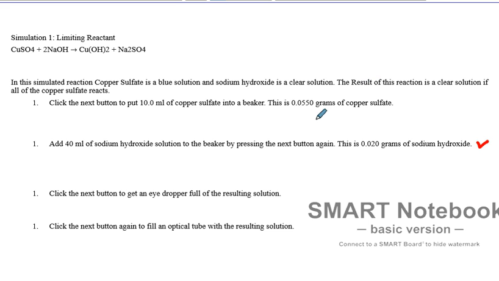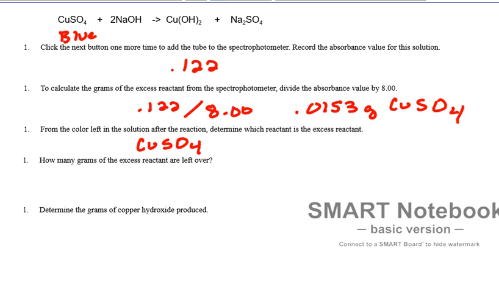We've got our starting materials here, 0.055 and 0.02. We're going to start with the 0.02 grams of sodium hydroxide, and we're going to do a 3-step stoichiometry between sodium hydroxide and copper sulfate to figure out how many grams of copper sulfate actually reacted. So let's go do that. And again, here's our balanced equation.